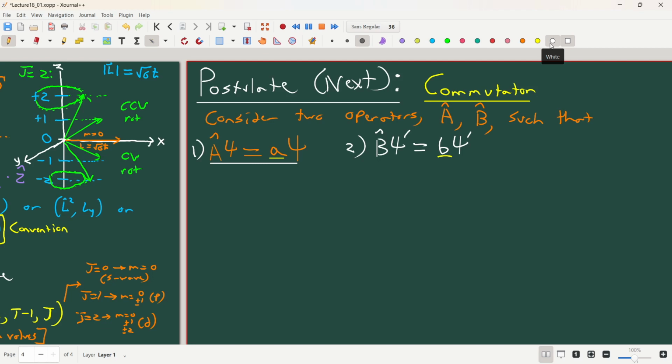For instance, position. We solve the Schrodinger equation for the particle in the box, and then we apply the position operator and everything works. So we know we can get the same set of wave functions for position and energy. But are there sets of operators that don't do this, where I can't determine both at the same time, and psi and psi prime are different? I want to determine whether I can determine both simultaneously.